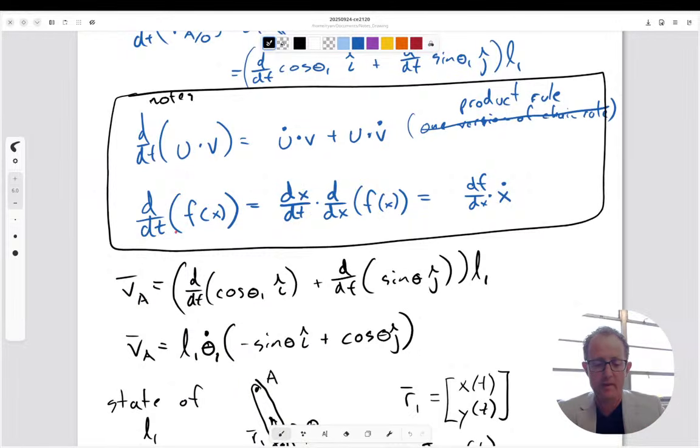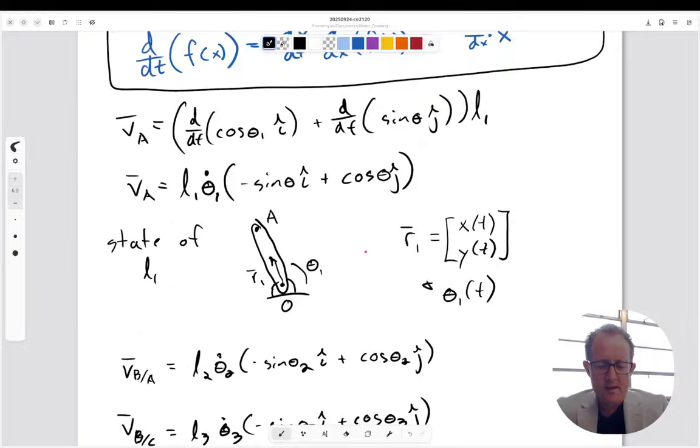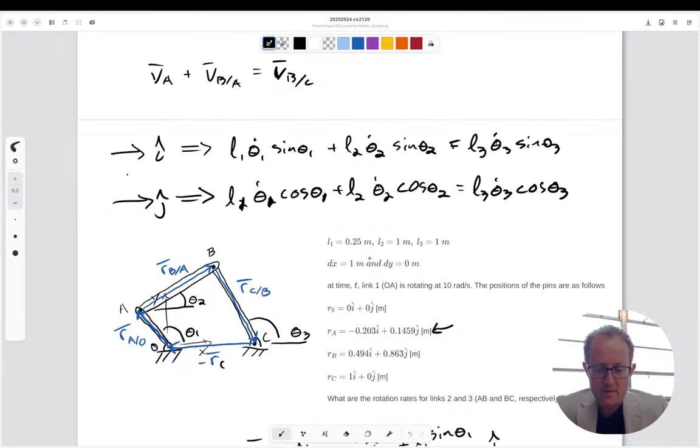We came up with a general definition for these functions of time: if I take a derivative, I need both the partial with respect to x and the derivative of x. The end result is that if we have a vector equation describing constraints, it'll give us 2 or 3 equations that describe those constraints.